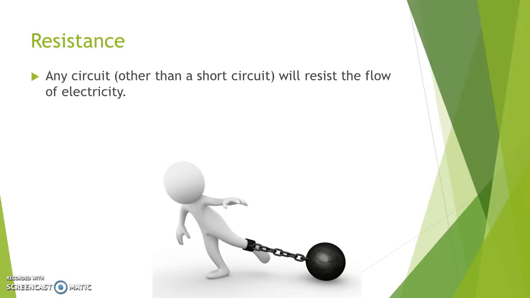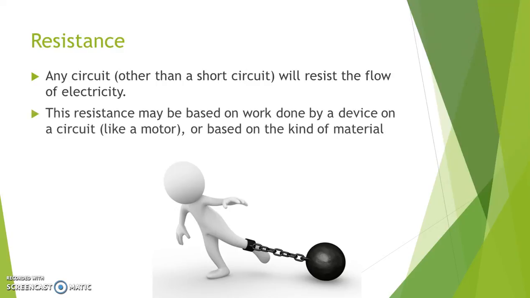Okay, so any given circuit needs what we call a load. We have to resist the flow of electricity, otherwise we have a short circuit. Electricity flies too fast, and we can see things like fires. Now, the resistance to the flow of electrons is based on work done by some device. It might be a motor moving an elevator.